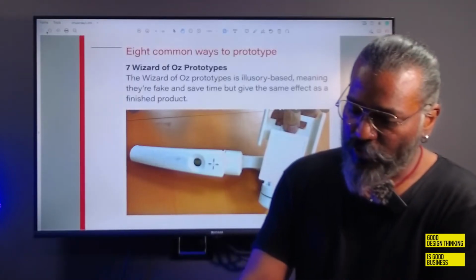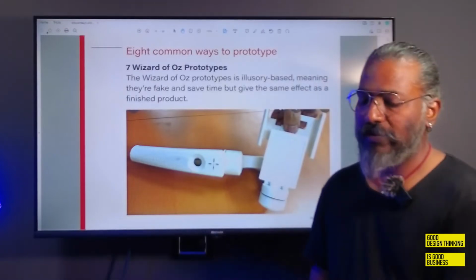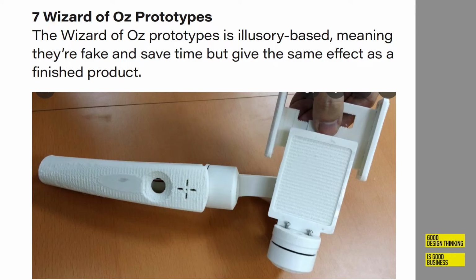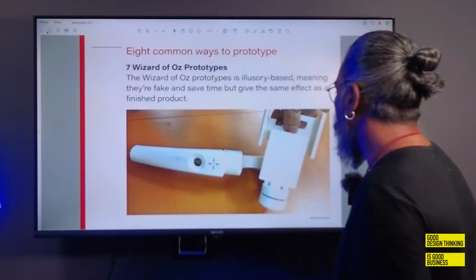And the Wizard of Oz prototype is illusory, meaning it is fake and saves time but gives the same effect as a finished product. So what does it mean?